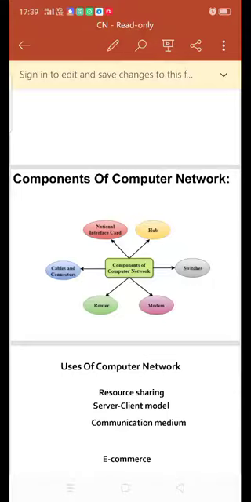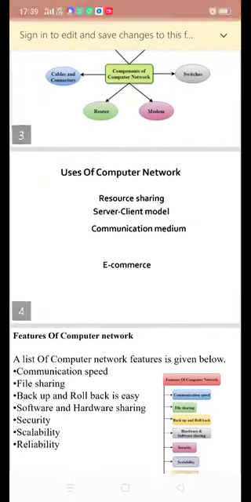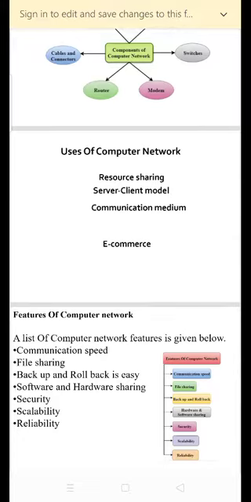Okay, so next one is a router. A router is the device that connects the LAN to the internet. The router is mainly used to connect distinct networks or to connect the internet to multiple computers.